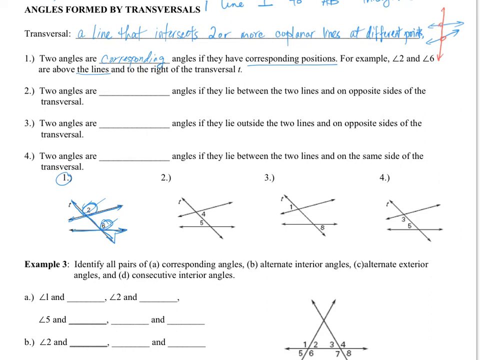And the second one will be called alternate interior angles. So if you look at the positions here in the picture number 2, angle 4 and angle 5 are considered alternate interior angles if they lie between two lines.